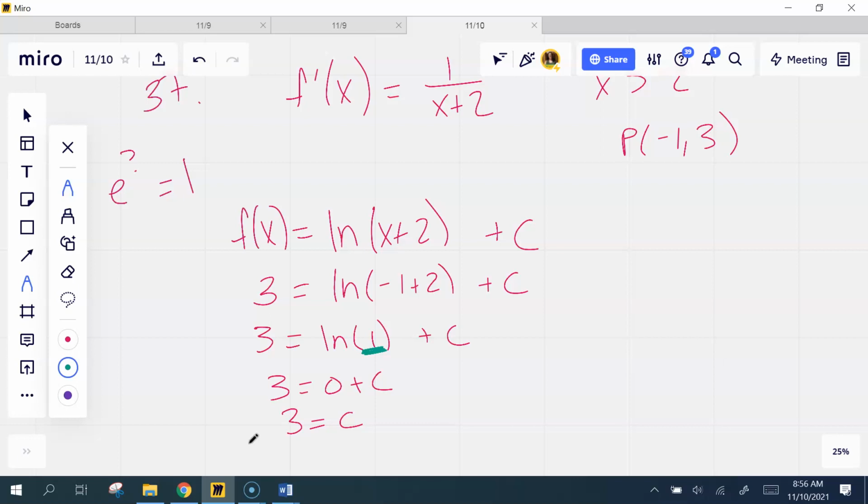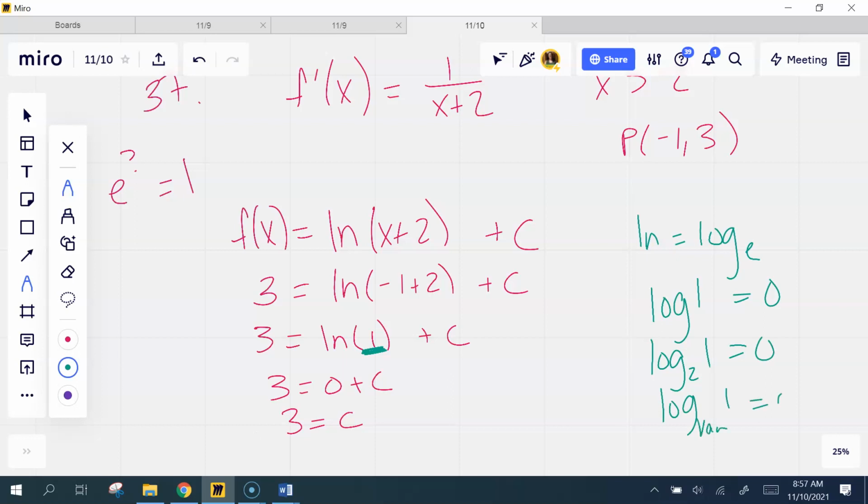What I'm getting at is log of 1 is 0. Log base 2 of 1 is 0.